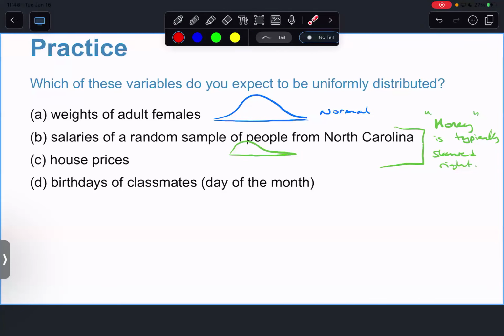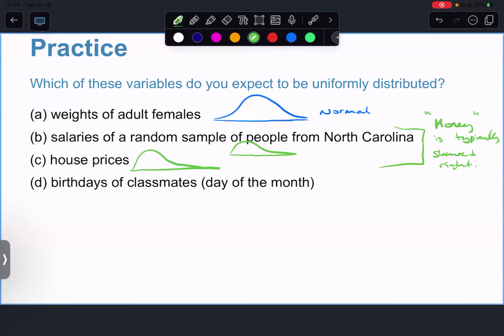If I go from that knowledge and check in, does it make sense to say salaries are skewed to the right? Yes, it does. How about house prices? Again, it's money. Most homes sell in some kind of typical range, and then there are other homes that sell for a lot more, but not very many of them.